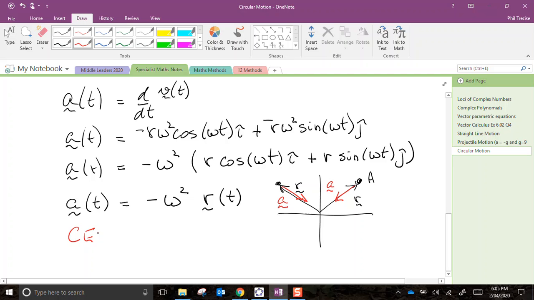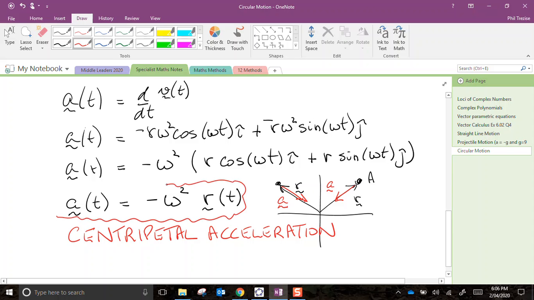It's called centripetal acceleration. And it literally means centre seeking, pointing to the centre of the circle. And this is a very important relationship. Very important indeed. Isn't that magnificent?